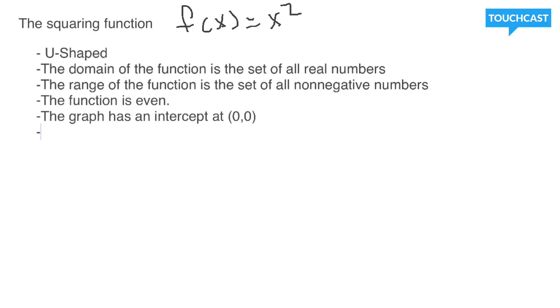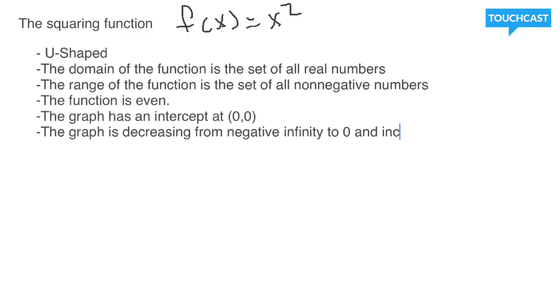Another characteristic of this function is that the graph is decreasing from negative infinity to 0 and increasing from 0 to infinity, which in the last lesson we wrote with parentheses.